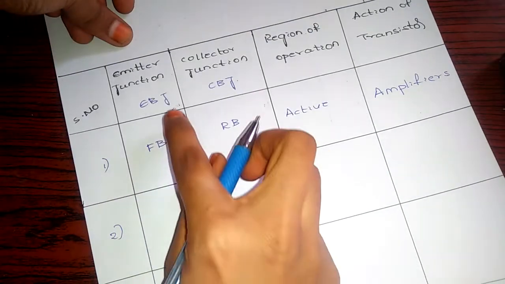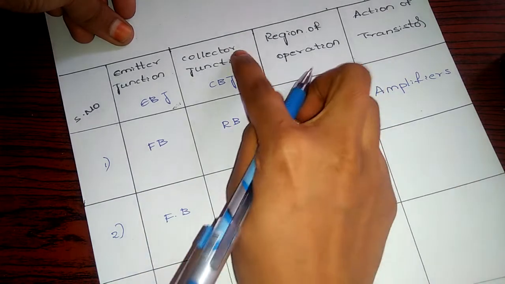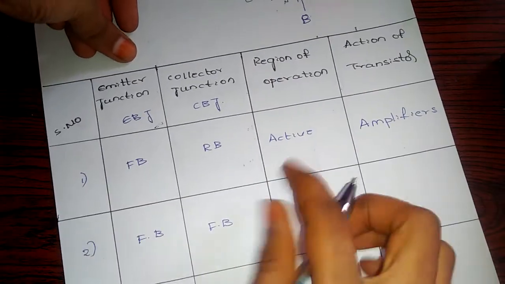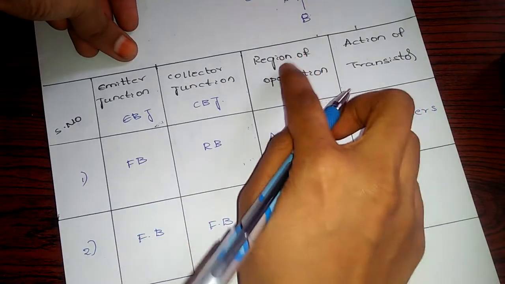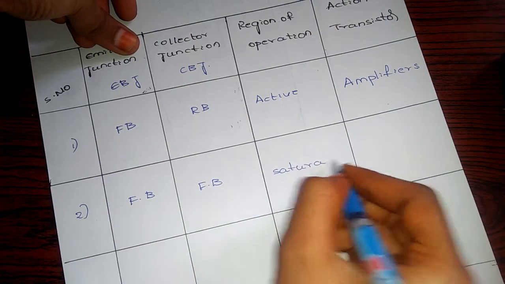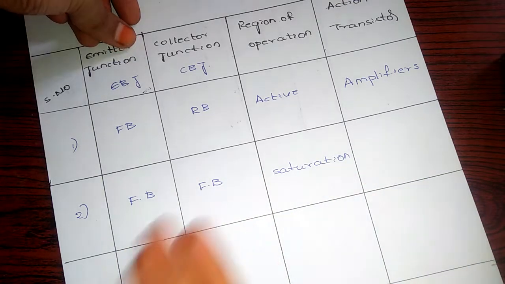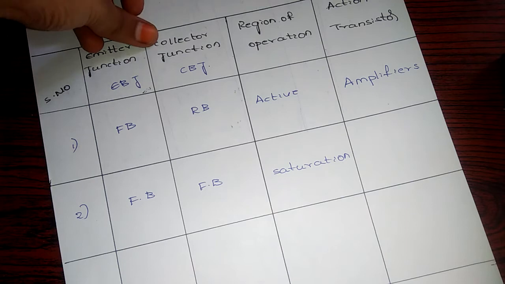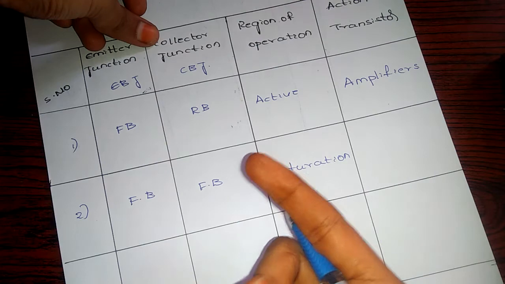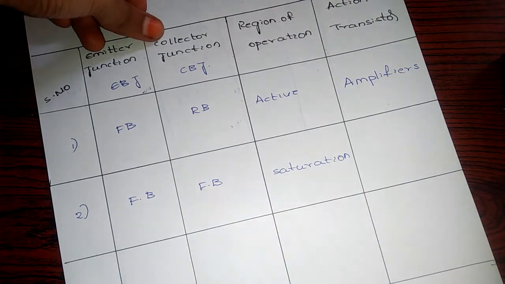If the emitter junction is forward biased and the collector junction is also forward biased, then this type of biasing gives the operation called saturation. You know that saturation is by minority charge carriers, but here it is given forward bias, so how these minority charge carriers convert to a large amount with this forward bias can be discussed in further classes.